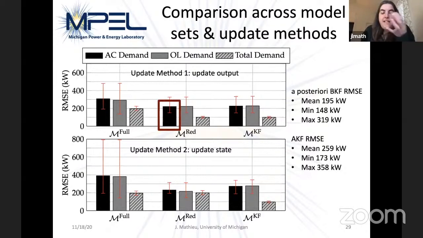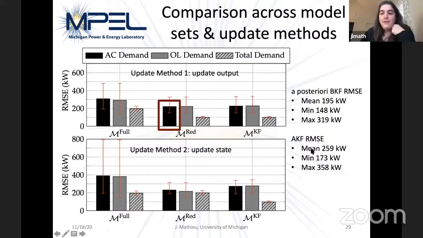So in any case, this is just illustrative to show you that you can do better sometimes than a Kalman filter. The best Kalman filter is shown here and the average Kalman filter is shown here. On average, we never beat the average best Kalman filter for any of these cases. On average, we do beat the average Kalman filter, let's say.